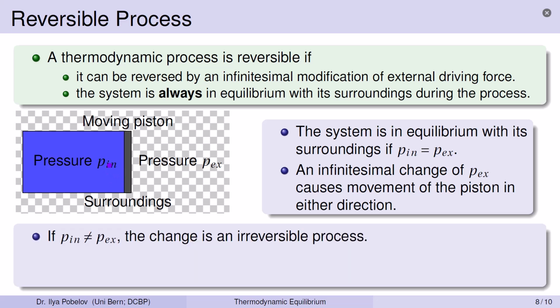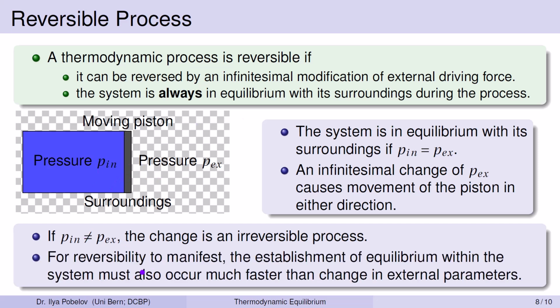On the other hand, if the external pressure, for example, significantly surpasses the internal one, a small reduction of Pex won't reverse the process's direction. Such a system is not in mechanical equilibrium with its surroundings, and the compression that we observe is a thermodynamically irreversible process.